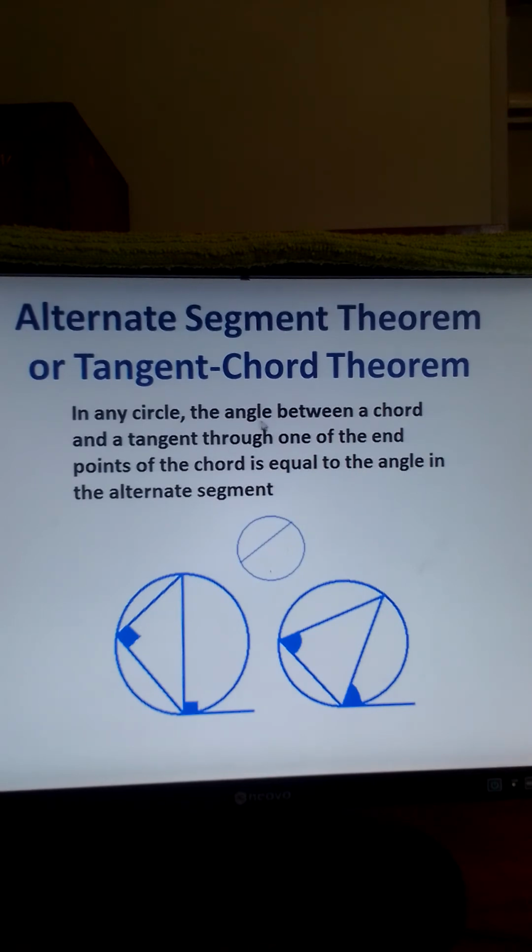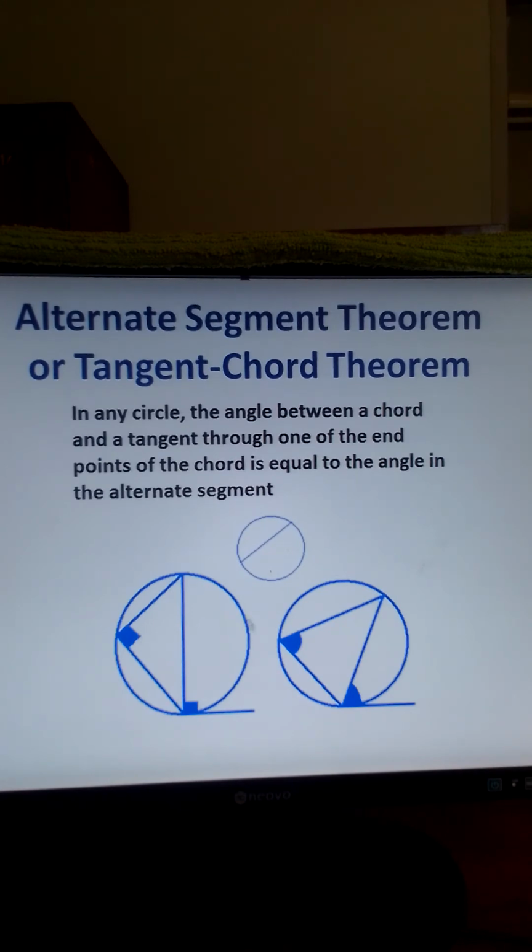In any circle, the angle between a chord and a tangent, the tangent being a line that just touches the circle at one point, like here, the angle between this chord and this tangent through one of the endpoints of the chord is equal to the angle in the alternate segment.